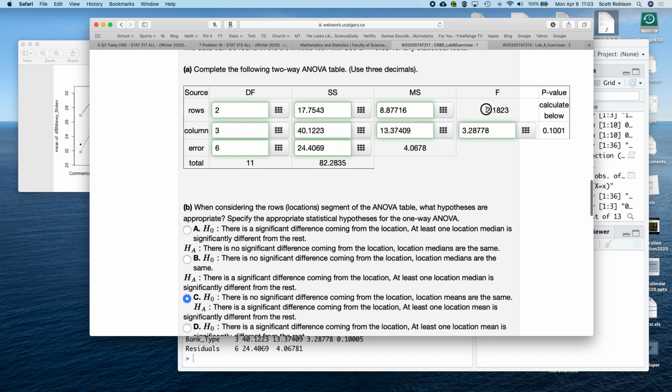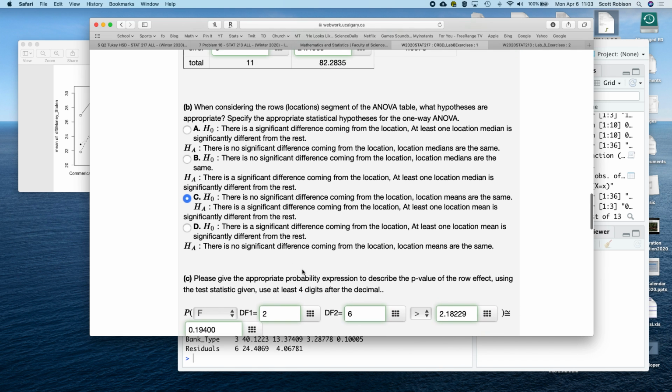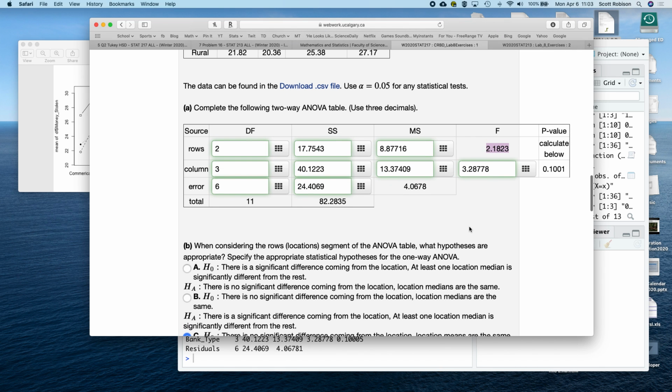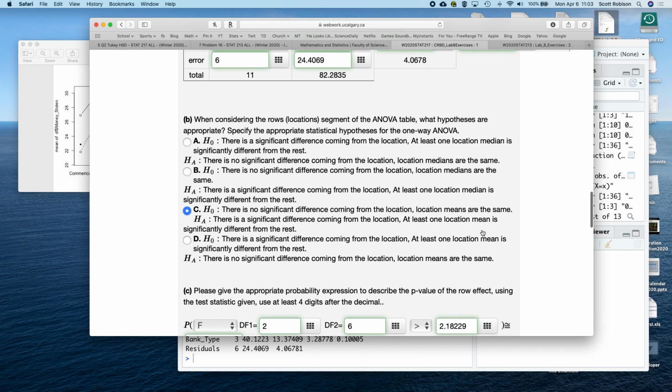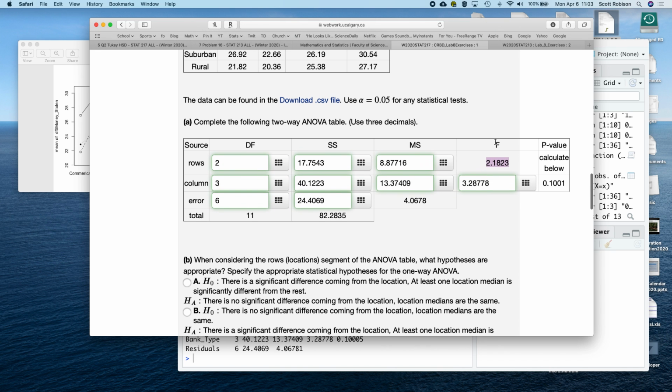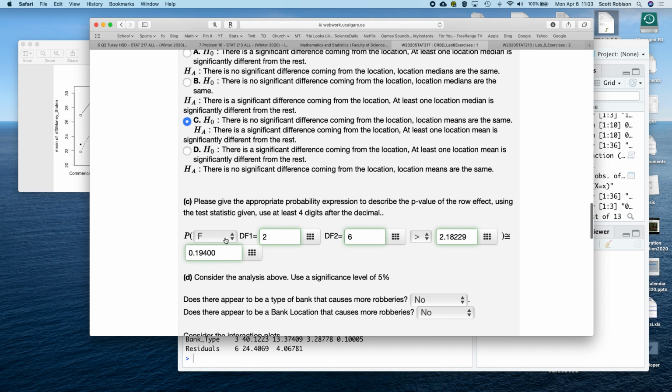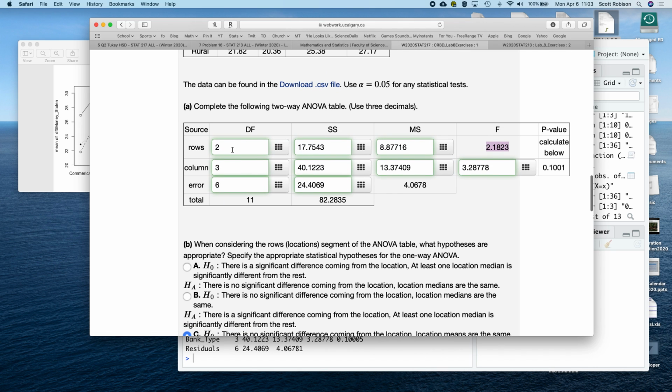In this particular case, again, just continuing with this first row of the ANOVA table, it asks us to give the p-value as a probability statement. So putting this all together, this is an F distribution, as you can see, certainly labeled on the ANOVA table with this capital F. Its numerator degrees of freedom is 2, and its denominator degrees of freedom is 6, because how we got this test statistic, remember, was the mean square of this particular row divided by the mean square of error.